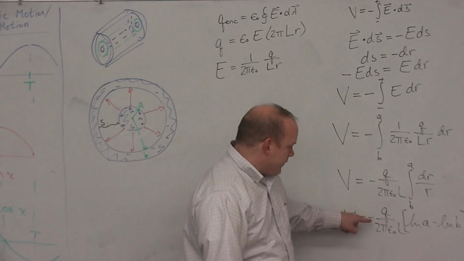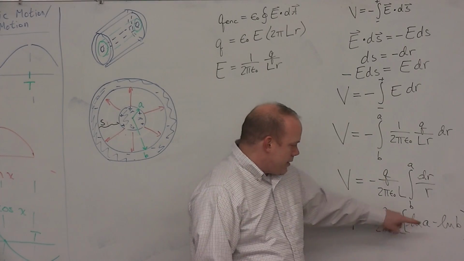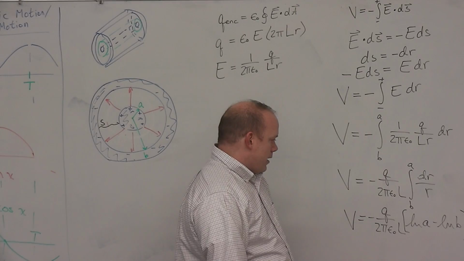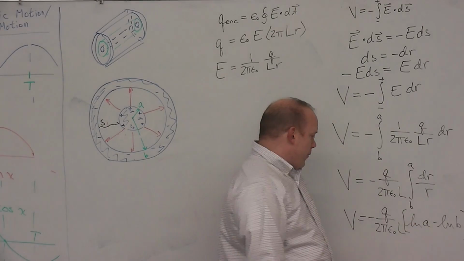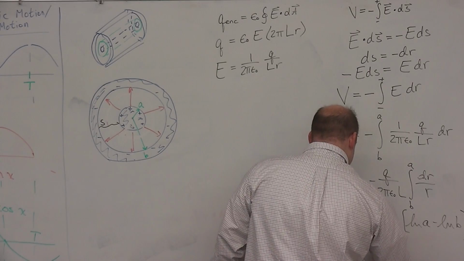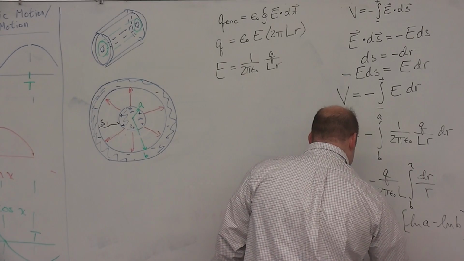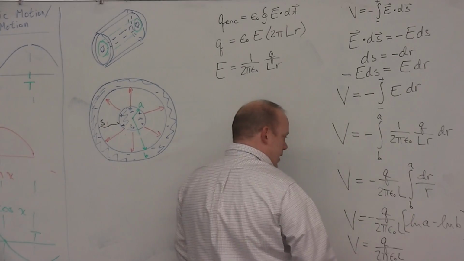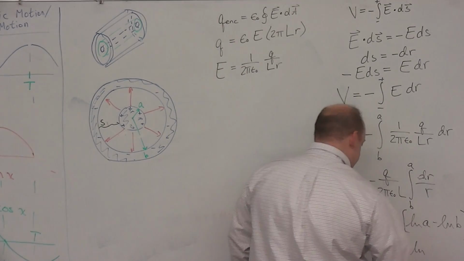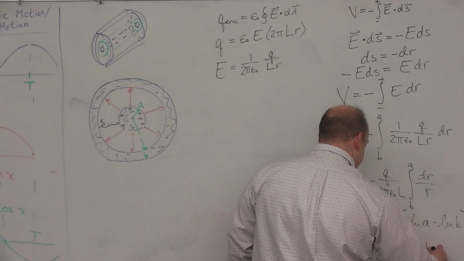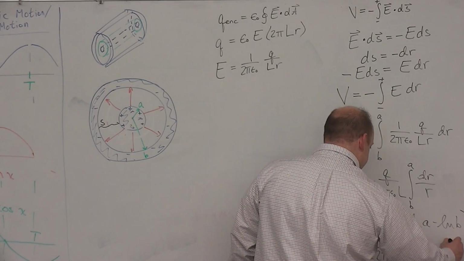Now, I've got a negative here that's going to flip the order here. So I wind up with my potential equal Q over 2 pi epsilon naught L, natural log of B minus natural log of A.